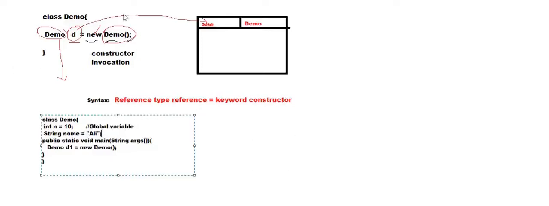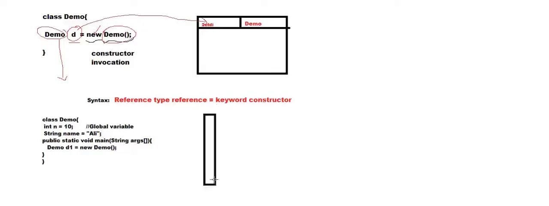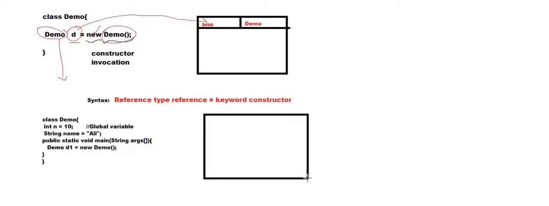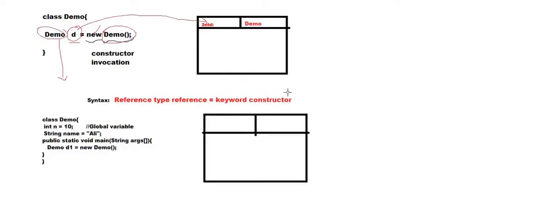Now we will check what happens once we invoke the constructor like that. There will be a creation of an object, and there will be an address, a hexadecimal address with the demo name. This d1 will be referring to that address.